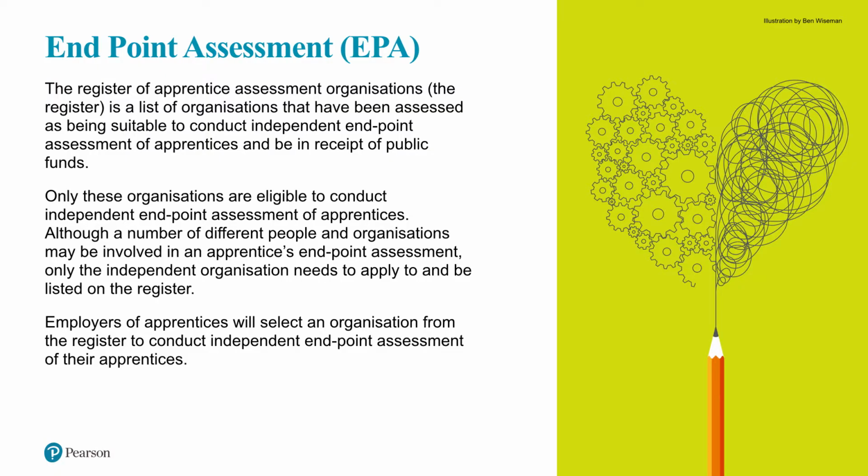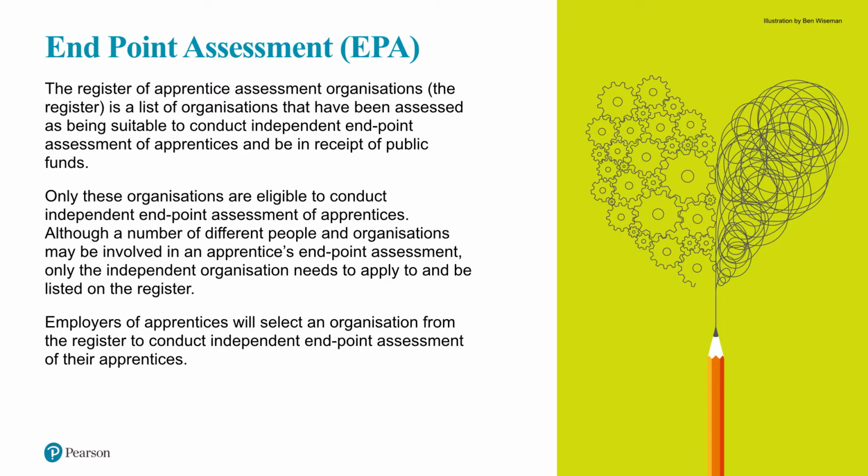So there's a register of apprenticeship training organisations who have been deemed suitable to conduct independent endpoint assessment on an apprentice and be in receipt of public funds. So very much like the process that you go through with the SFA to get your adult skills budget, you have to go through a process and demonstrate that you are competent and capable.